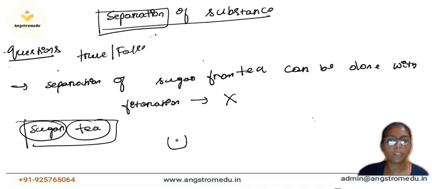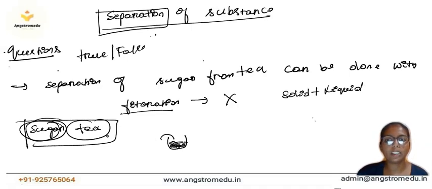Here it is a cup of tea, and if we add the sugar, the sugar gets dissolved in it. The solid sugar converts into liquid. We know that the basic principle of filtration is that it should contain a solid plus a liquid.